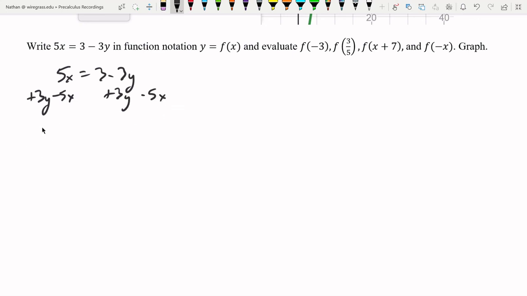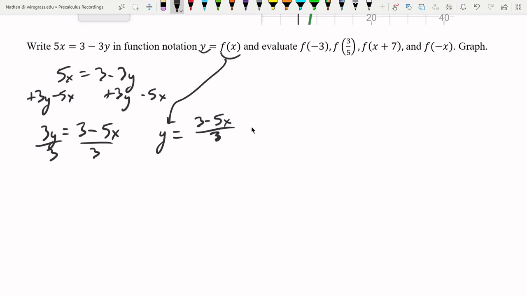That's going to give me 3y equals 3 minus 5x. Then all we have to do is divide by 3. And the way function notation works is you replace y with f of x. So f of x equals 3 minus 5x over 3.